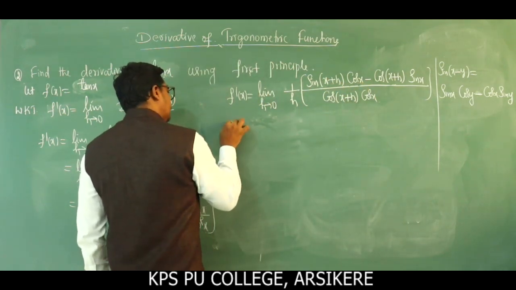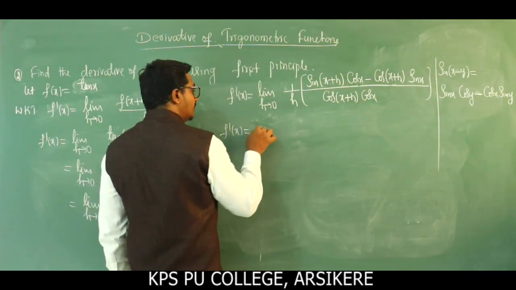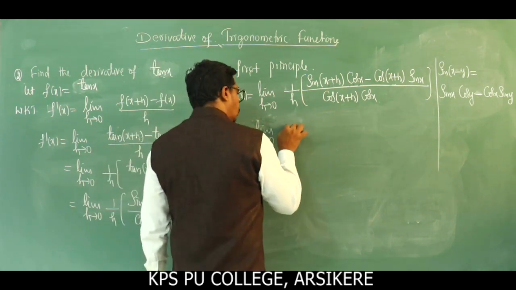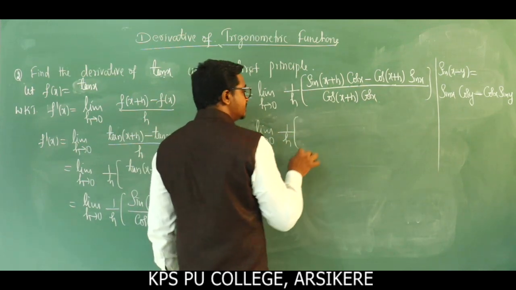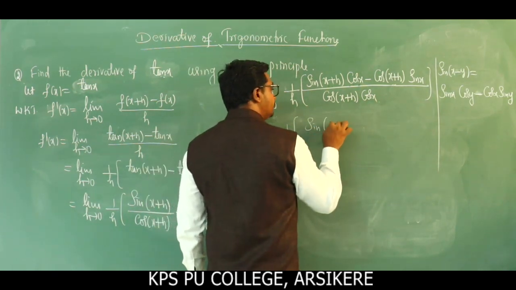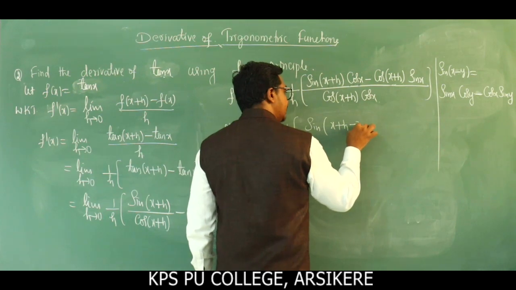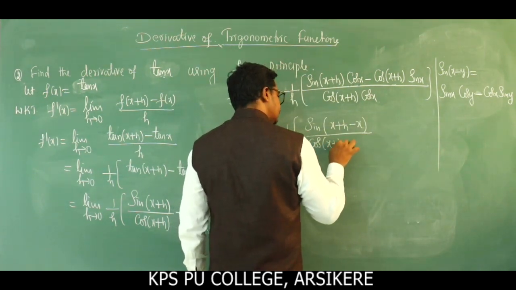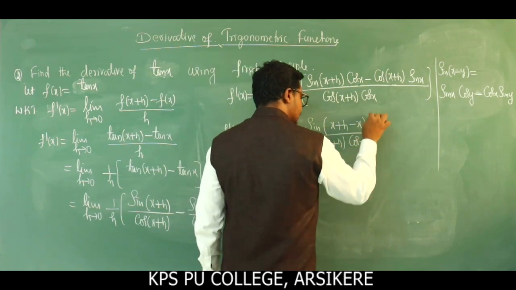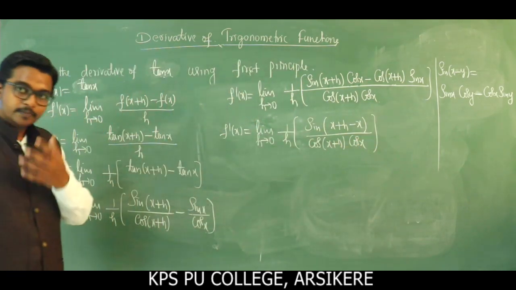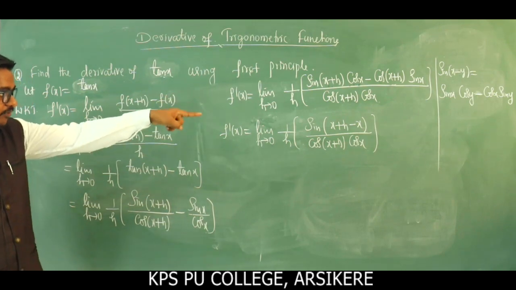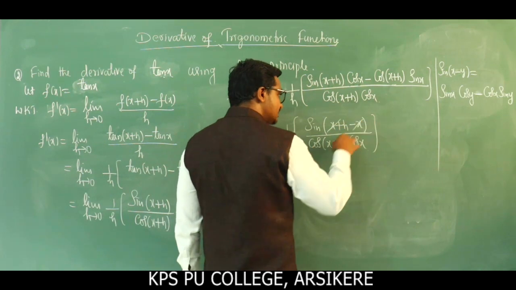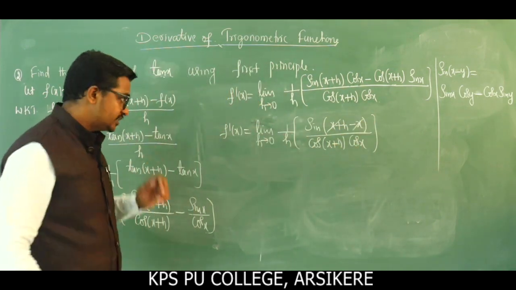So therefore f dash of x is equal to limit as h approaches 0 of 1 divided by h into sin of x plus h minus x whole, divided by cos of x plus h into cos x. The compact form of the numerator is sin of x plus h minus x. Plus x and minus x get cancelled, and we are left with sin h.